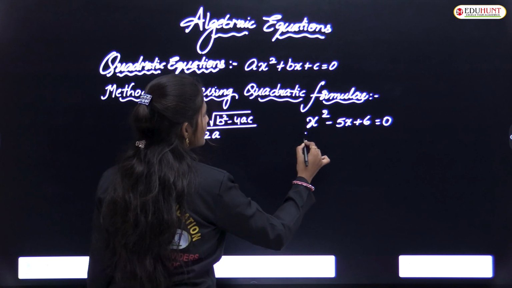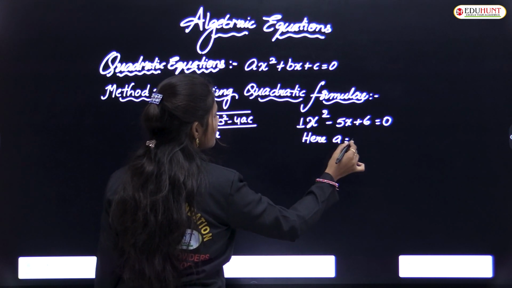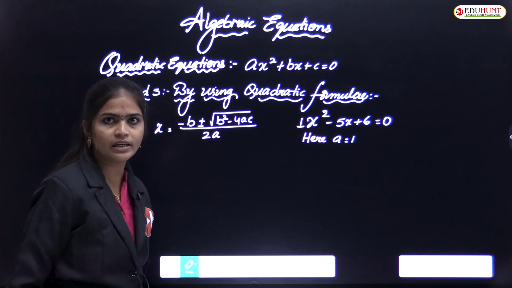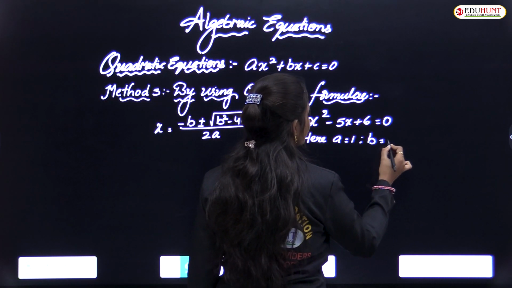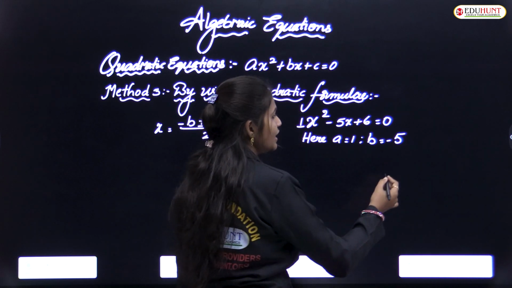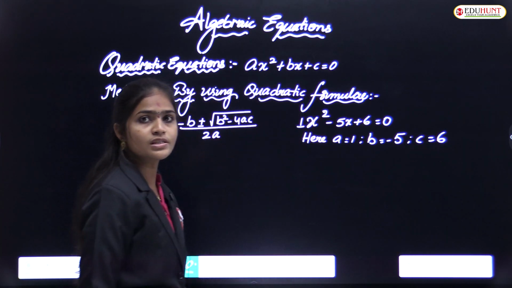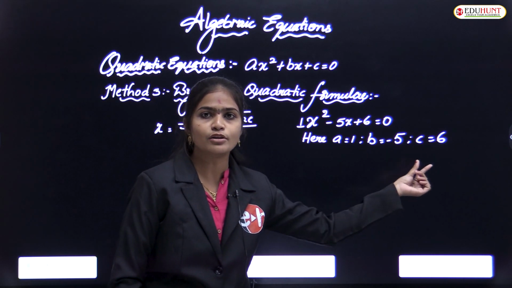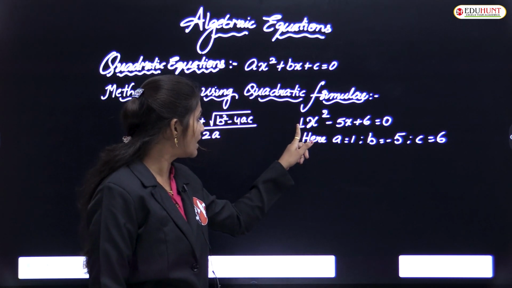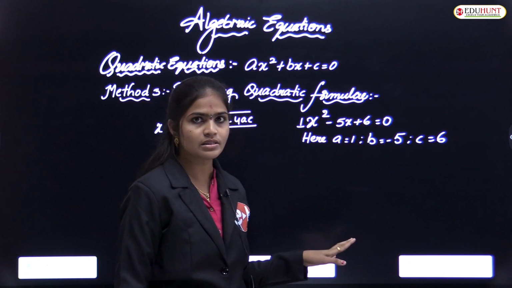Here a is the x square coefficient, so a is equal to 1. Next b is equal to minus 5, along with the sign you have to take. And c is equal to 6. First you have to write the coefficients and the constant term, the a, b, c values. So a is equal to 1, b is equal to minus 5, c is equal to 6.